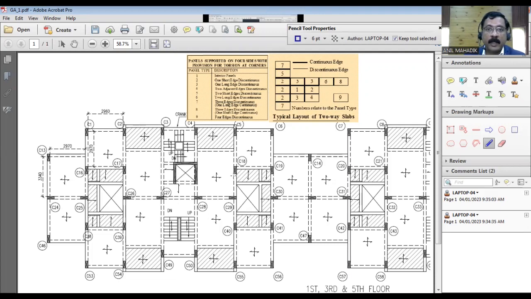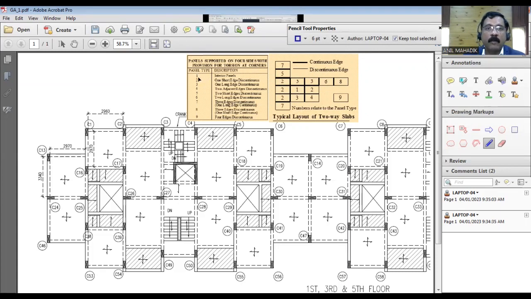In this session, we are interested in understanding the boundary conditions of the two-way slabs as per IS 456, to understand whether it is discontinuous or continuous. We have seen in the last session that these thick lines are continuous edges and this thin line is a discontinuous edge. As per the continuous and discontinuous edges, there are cases given in IS 456 for two-way slabs.